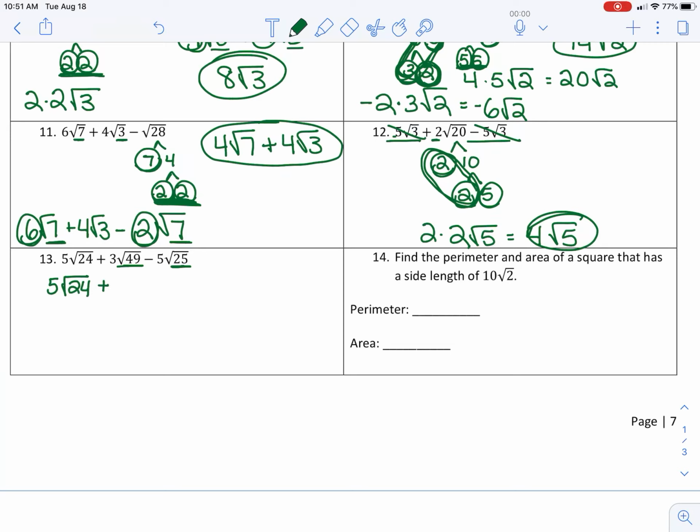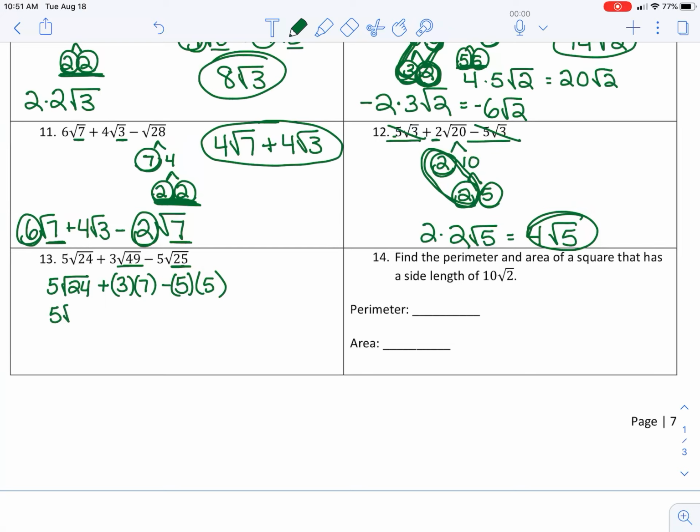So I'm going to say plus 3 times 7 minus, and then I have 5. Well, 25 is a perfect square also. The square root of 25 is 5. Okay, so I end up with this expression.